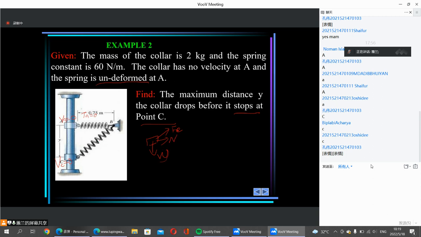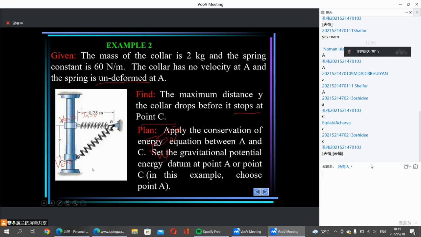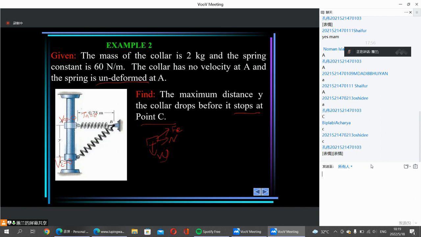Because we ignore the friction force here, we don't need to consider it. Sure, generally there will be friction force, but here we don't need to consider it.